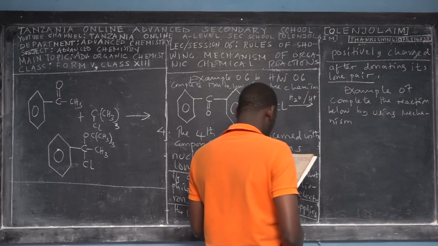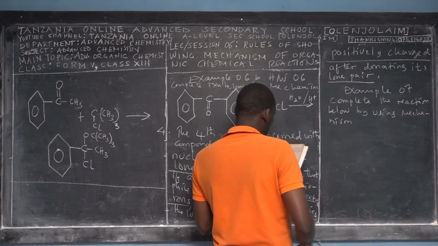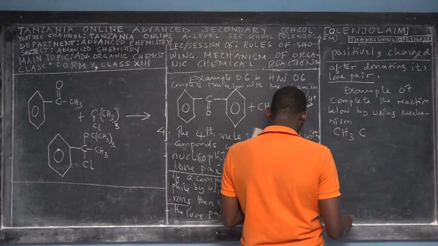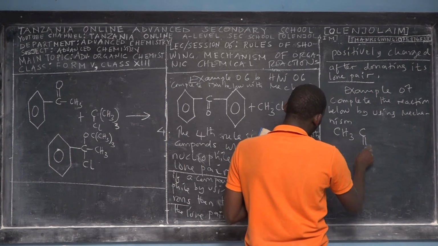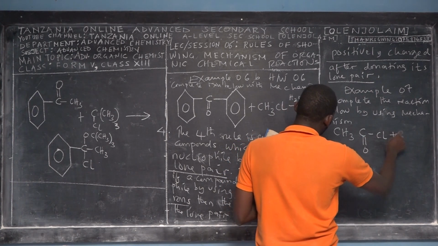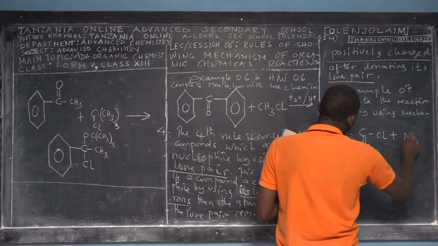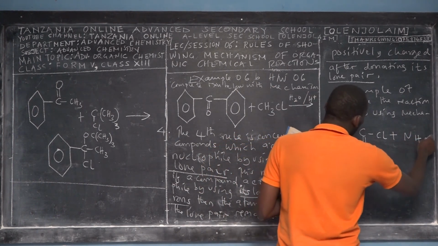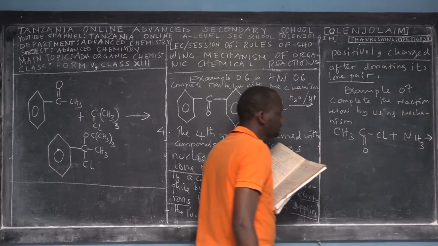The reaction is CH3, carbon, bond, chlorine, reacting with ammonia solution. What is the end product?